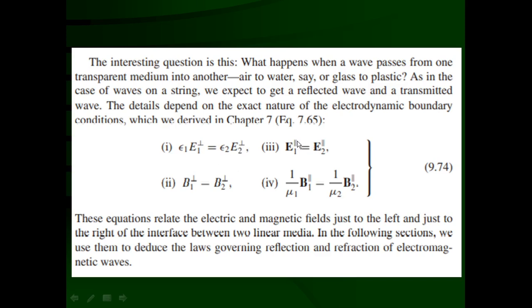Similarly, parallel components are given over here like this. This indicates the parallel component of the electric field to the left as well as to the right, in medium 1 and in medium 2.